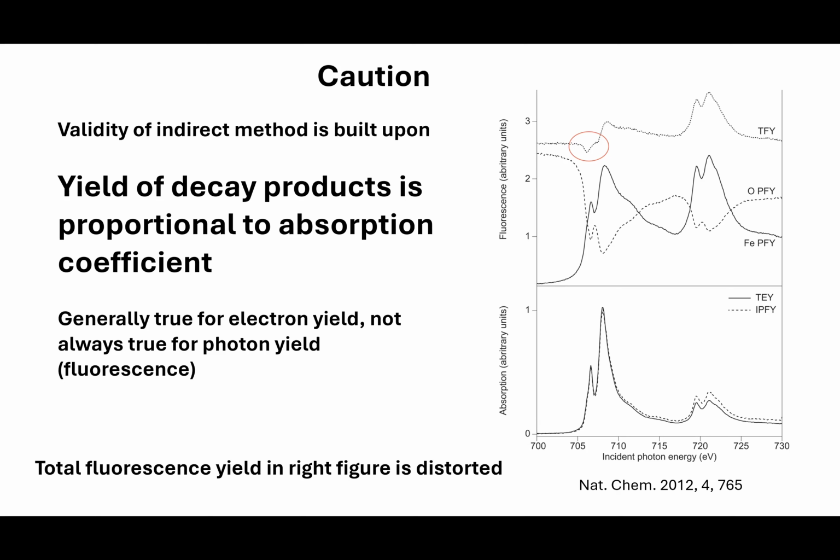As I mentioned, TEY, in 99% of cases you can trust. It will not give you distorted data. So TEY is something you can always rely on to give you the spectrum you're looking for. But of course, TEY cannot probe the bulk, at least to the micrometer size. With IPFY, you now get the non-distorted, faithful spectrum probing the bulk. So this is a case where IPFY is a must.